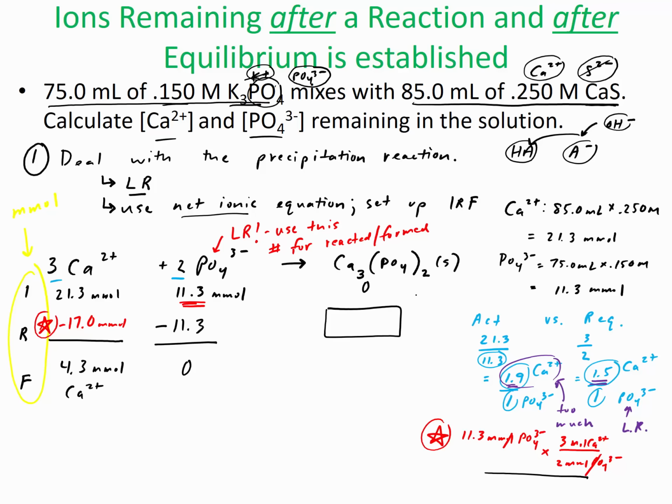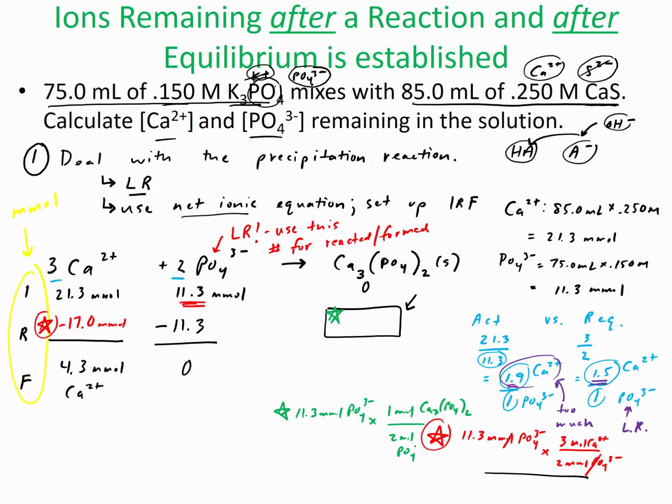Okay, and if you were interested in this number, you can do that also right now. This problem doesn't ask for it, but if you wanted it, you could do this number here. I'll do that work right here with this green ink. So 11.3 millimole of PO4, and then 1 millimole of calcium phosphate forms every time 2 phosphates react.